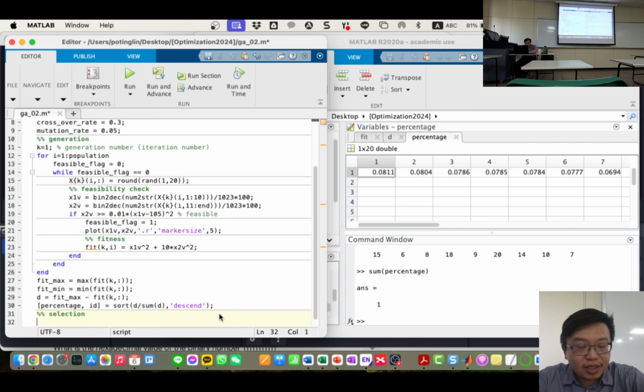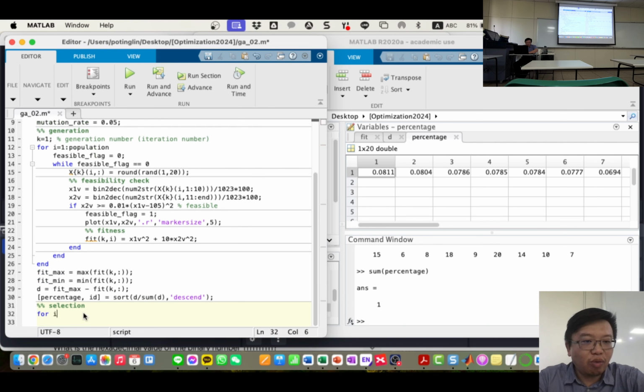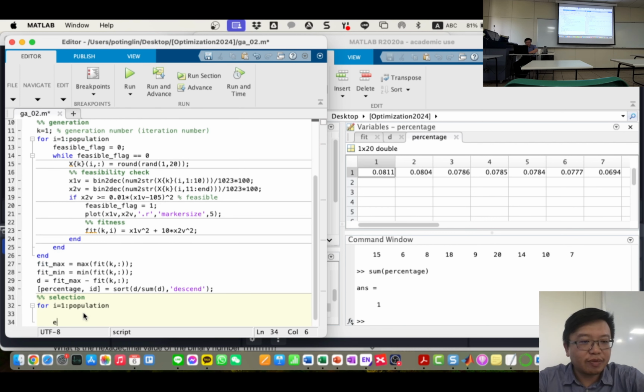And it's going to be a while loop. Or maybe a for loop. For i equals 1 to population. Okay?